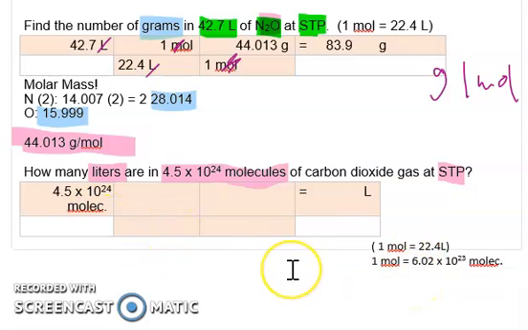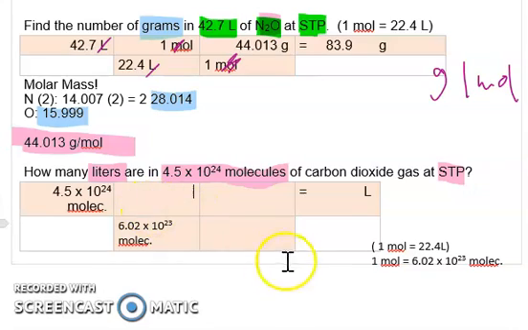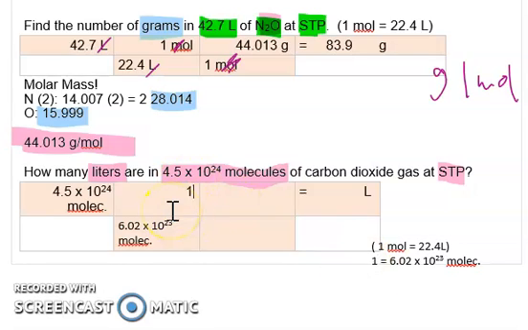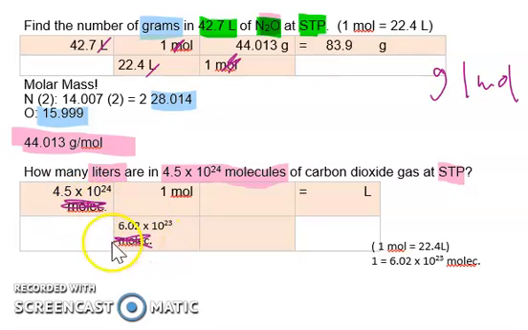So I put molecules at the bottom, and the other part of the conversion is moles. So 1 mole is equal to 6.02 times 10 to the 23rd molecules. And now I can cancel out the molecule unit, and I'm only left with mole.